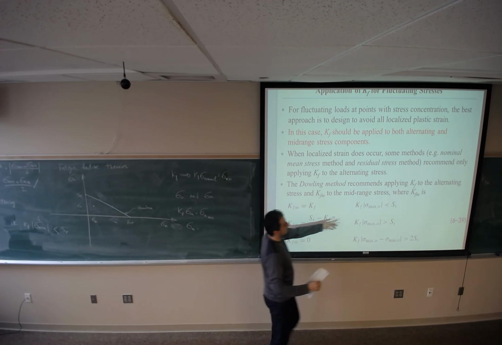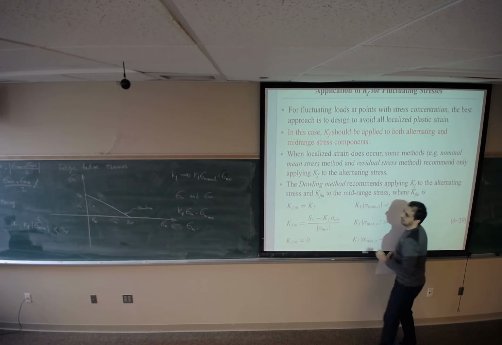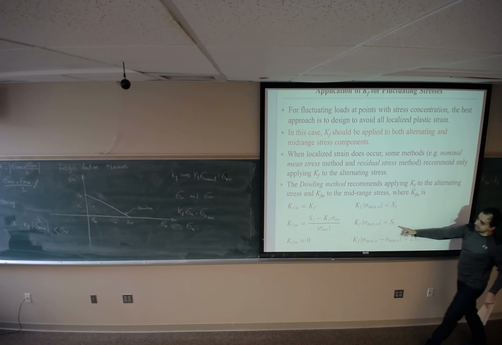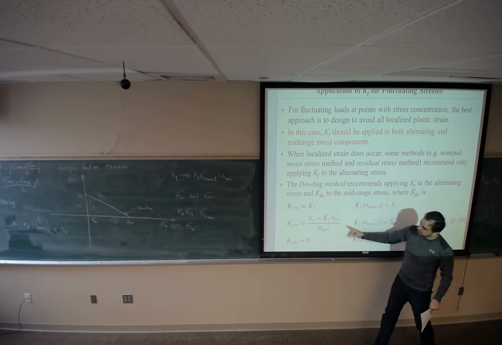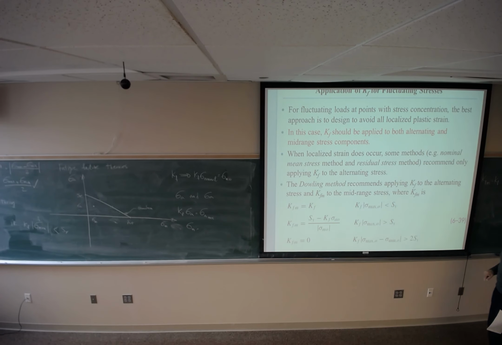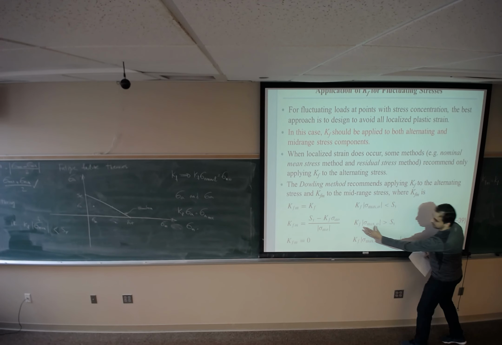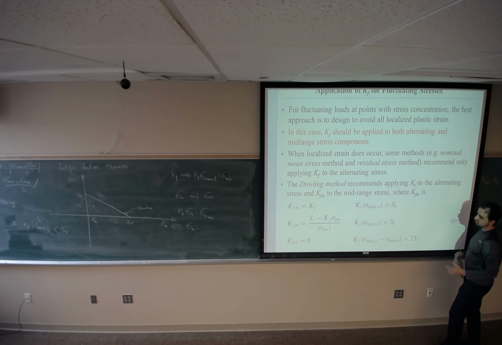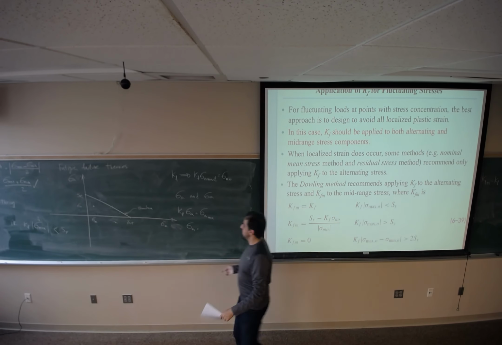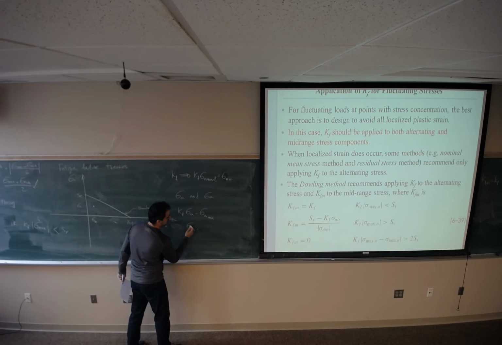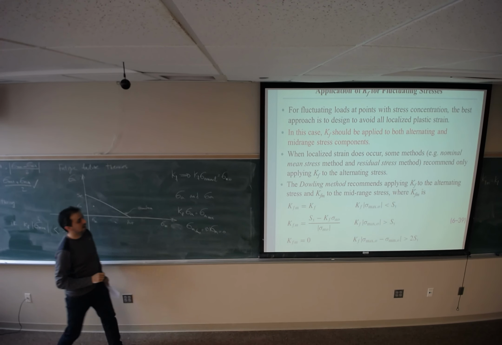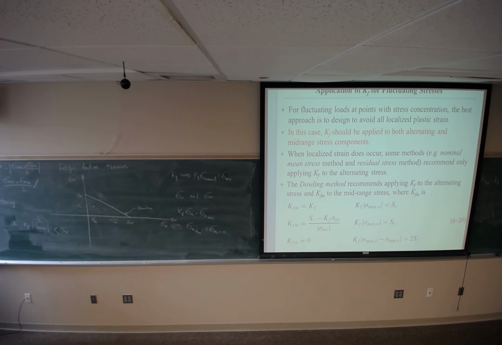If this is less than Sy, then you go with this equation and set Kfm equal to Kf. But if it's greater than Sy, Kfm should be calculated by this equation. And if this expression is greater than 2 times Sy, the mid-range stress is not going to show up, so sigma m max is going to be 0 times sigma m. You will end up with the completely reverse cycle problem.